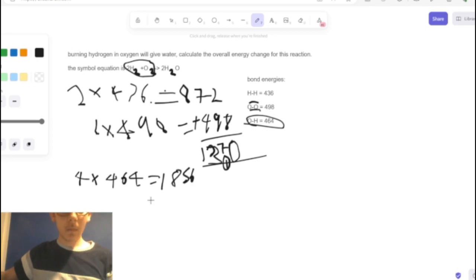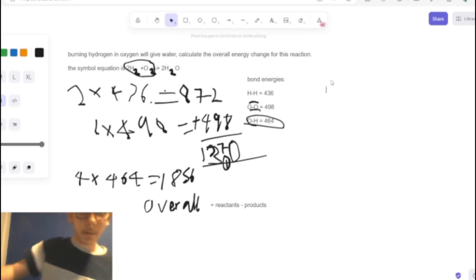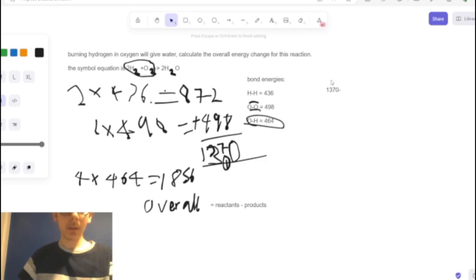And then we're asked for the overall energy change. I'm just going to do it as text because it'll be easier. It equals the reactants minus the products. So the overall energy change will be 1370, because that's of the reactants, minus 1856, because that's of the products, which gives us minus 486.